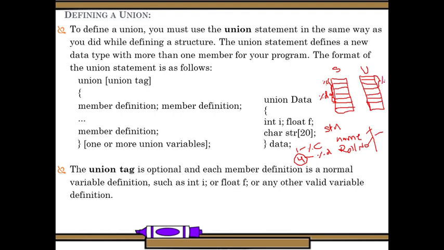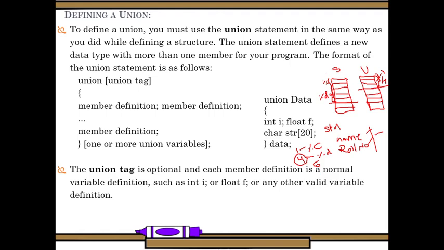It allocates 4 only, and among that, one byte is used for the character. So only 4 bytes are utilized in the union, but in a structure 5 bytes are utilized. This is the only difference between a structure and a union.